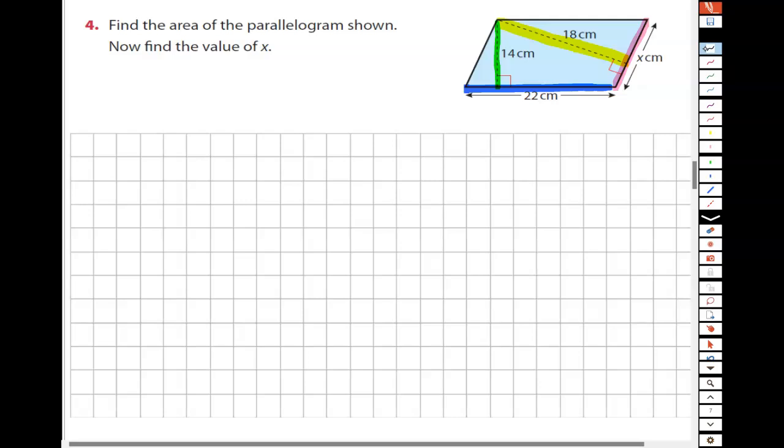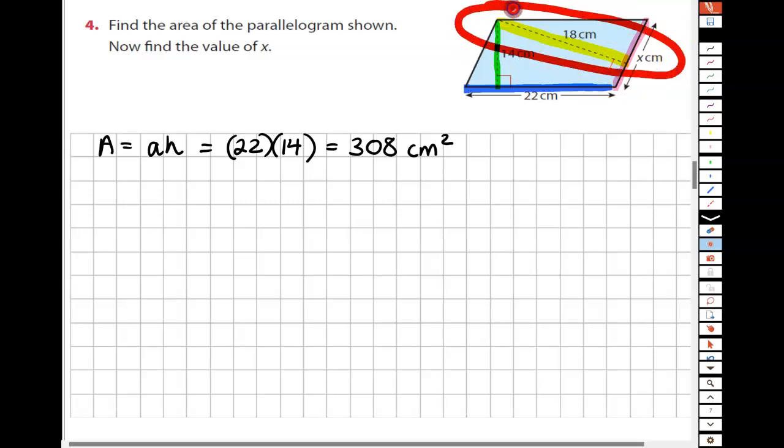Okay, so the first thing we're going to do is the area of that shape, AH, is simply equal to the base of 22 times a height of 14, and that's coming in at 308 centimeters squared. Now we know if we use the other set, which is the 18 and the x, we still have to get an answer of 308. Okay, so what I need to do then here is AH equals A this time.